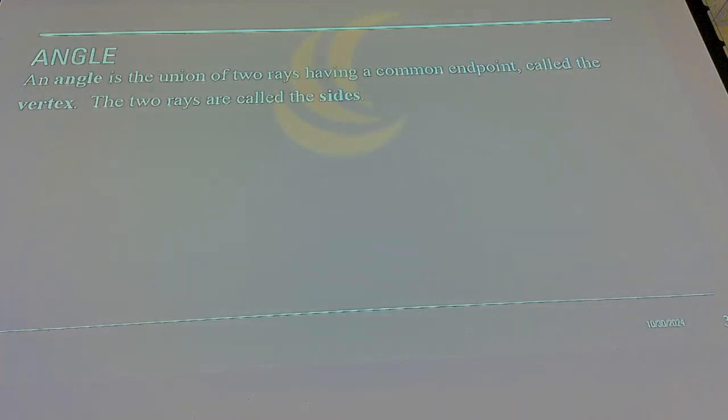An angle is the union of two rays having a common endpoint called the vertex. Then the two rays are called the sides of the angle.